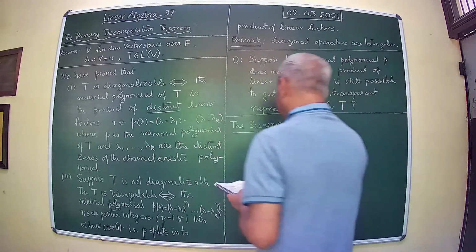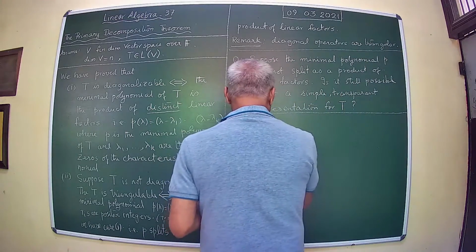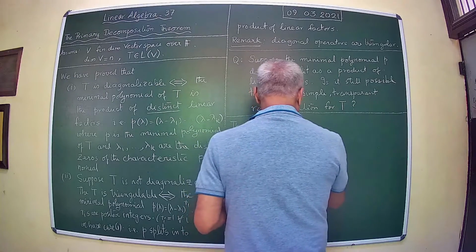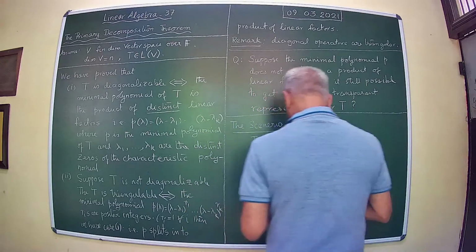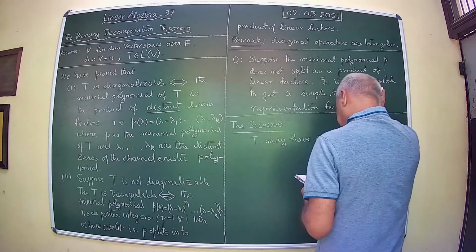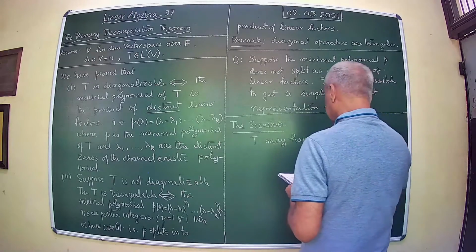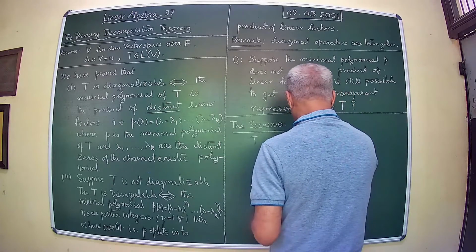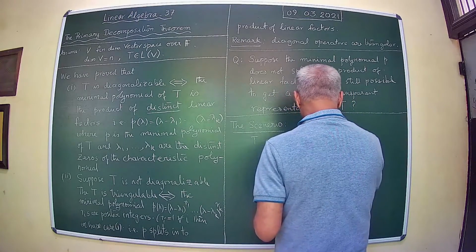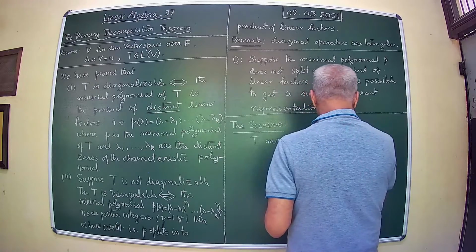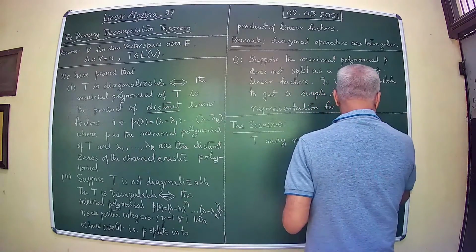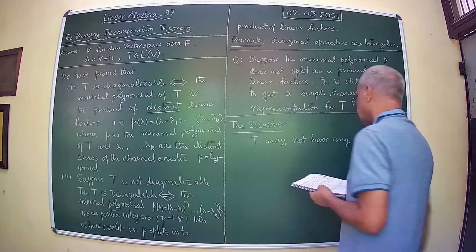T may have a minimal polynomial, we have seen examples for this.